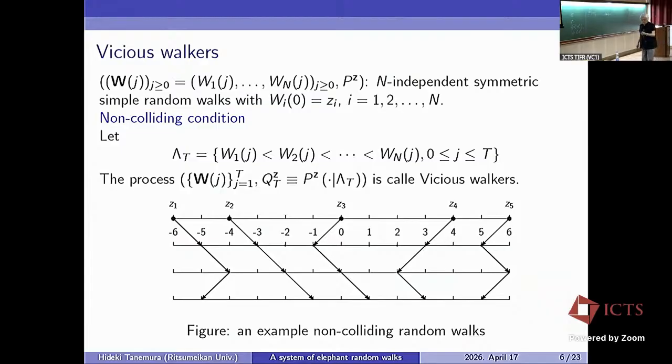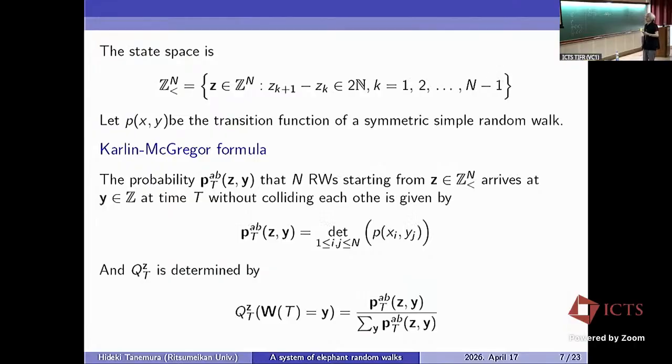And many things have been studied. The state space is like that. The difference, the distance between two particles, is 2n, even numbers. Let p(x,y) be the transition function of the symmetric simple random walk.